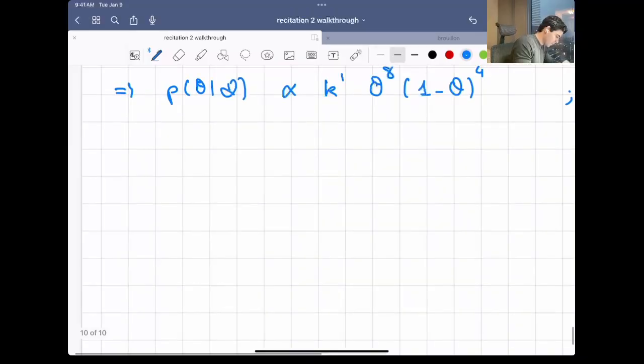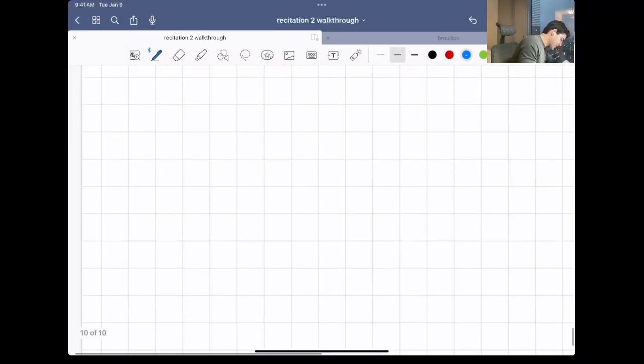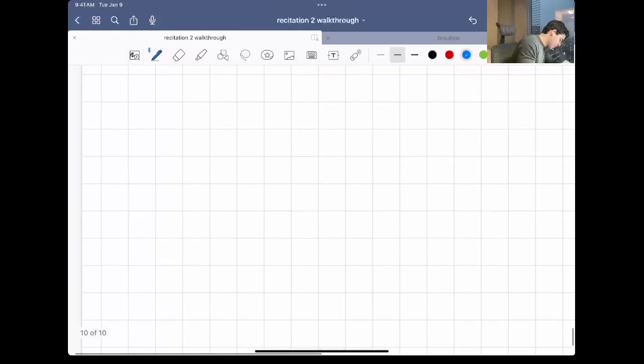Now we have the posterior, and we want to maximize it to find the maximum a posteriori parameter estimate.